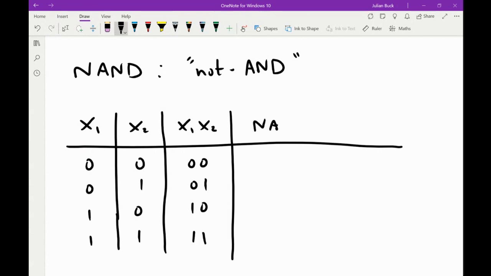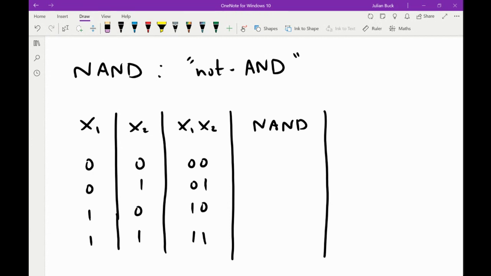The way NAND is supposed to work is it's 1 unless both of them are 1, in which case it's 0. So it's the negation of the AND. As long as one of them is false, the NAND gate is true. It opens, so to speak.